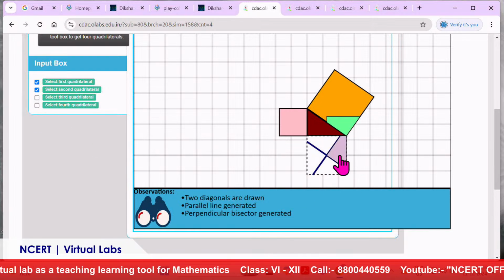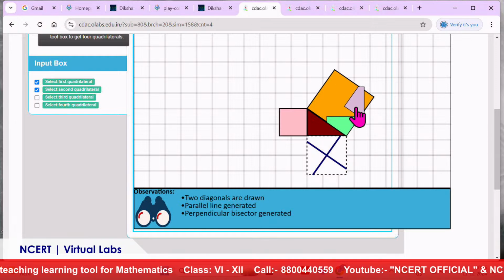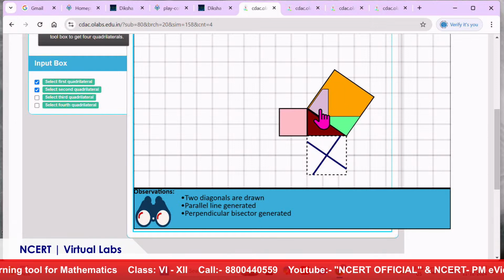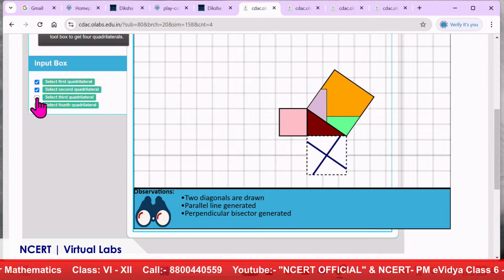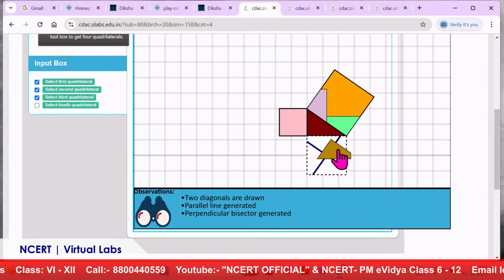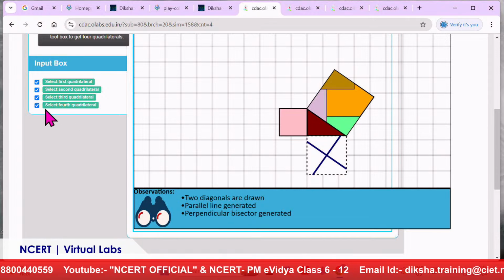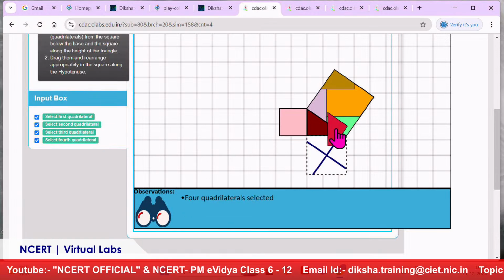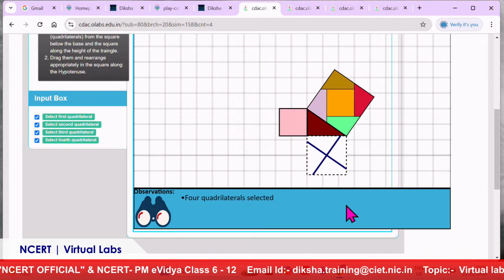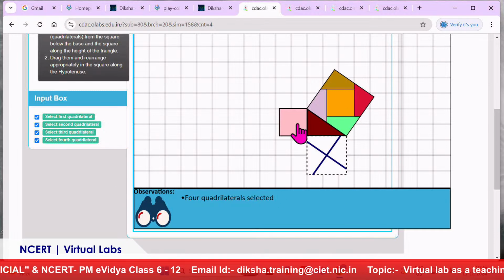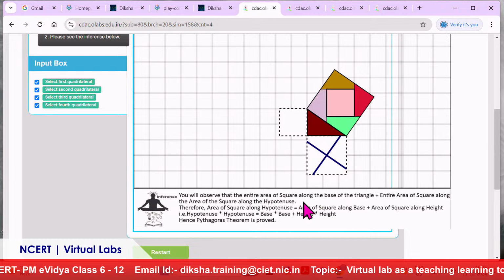Now the second quadrilateral. Now we have to click on the third quadrilateral, and just click on the fourth quadrilateral. So what we get, the remaining part is this pink square. Yes, this pink square.